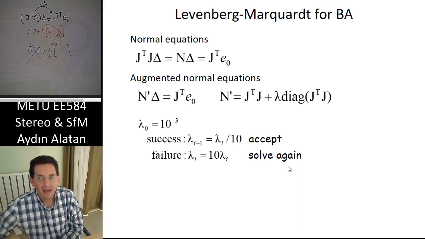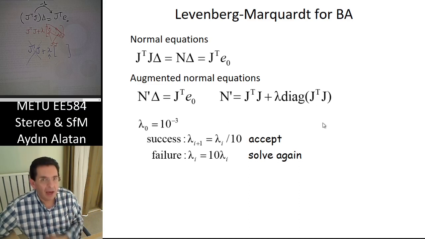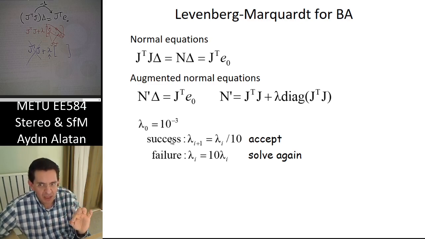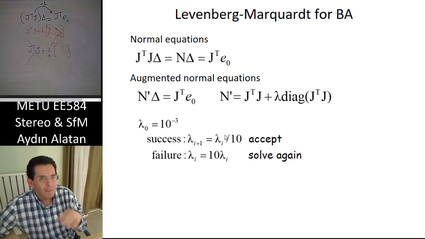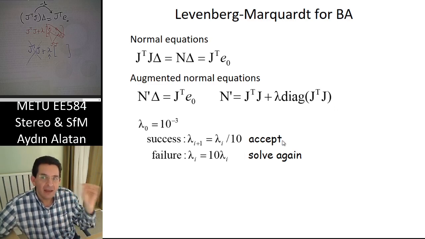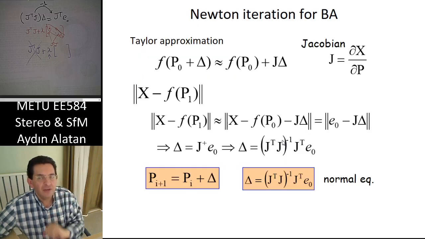Hence, the trick becomes: at any point you apply this and find the inverse, and you find the solution. If there is success, which means your error has decreased, which means your Taylor series expansion is okay, then you make lambda smaller, you get rid of this term, and you become more like Newton's equations, the previous Newton iteration.